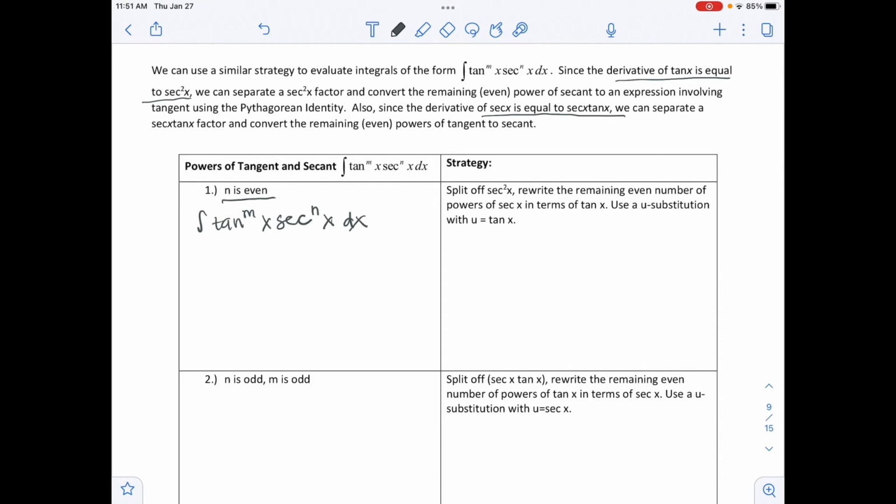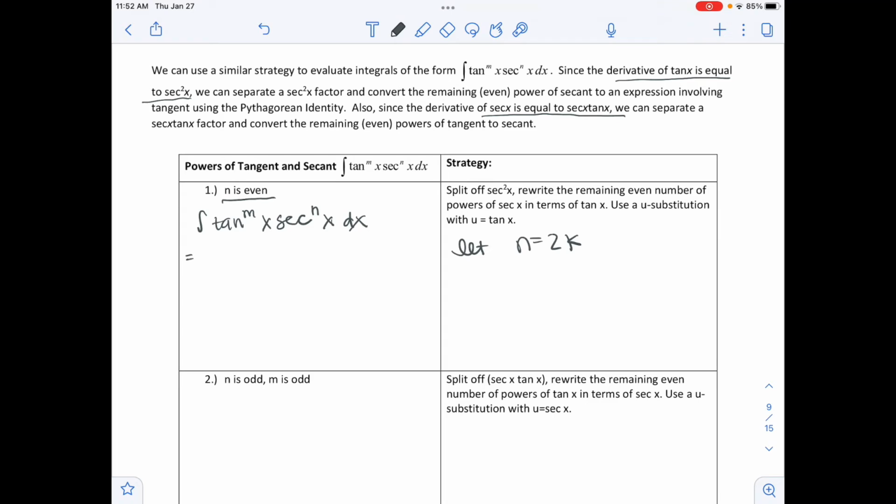And since n is even, we're going to split off secant squared x, rewrite the remaining even number of powers of secant of x in terms of tangent of x, and use the u substitution with u equals tangent of x. So since n is even, we'll say n is equal to 2 times k.